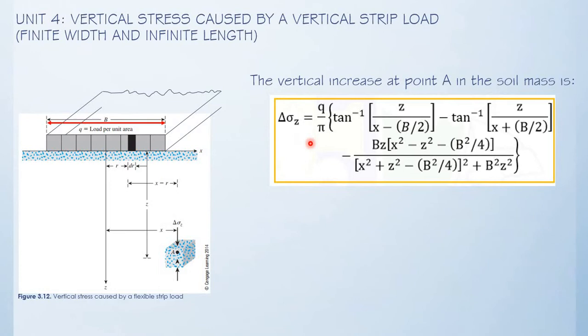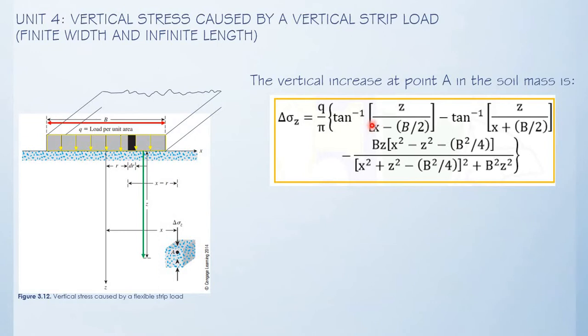As we can see, it is a very lengthy equation, but actually there are only a few parameters. It was just used repetitively. The parameters are, first, Q, which is the load per unit area. Then we have Z, which is the depth from the soil surface up to our point of consideration.